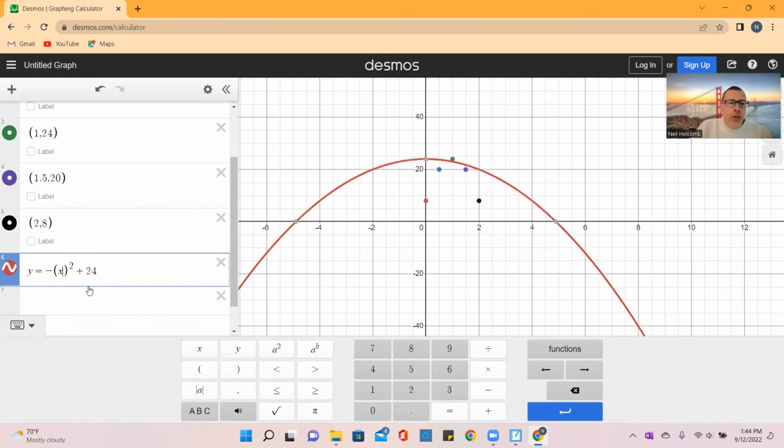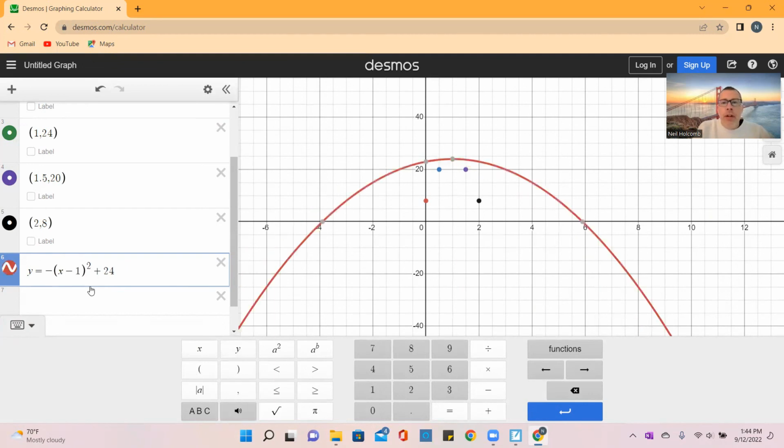A shift to the right is going to be minus inside, and we want to go over 1. Okay, so now we have our function reflected, shifted up 24, right 1, but it's too wide.